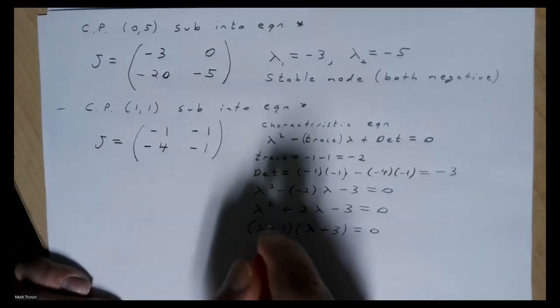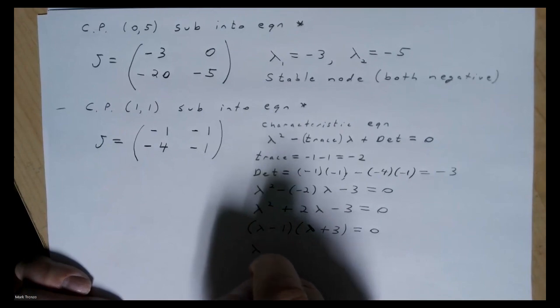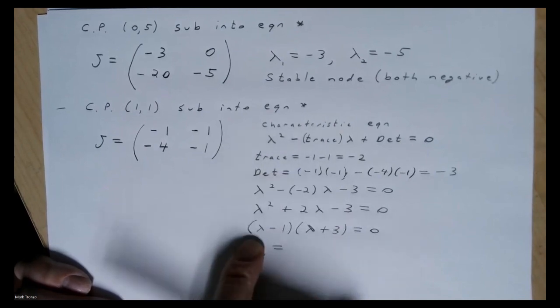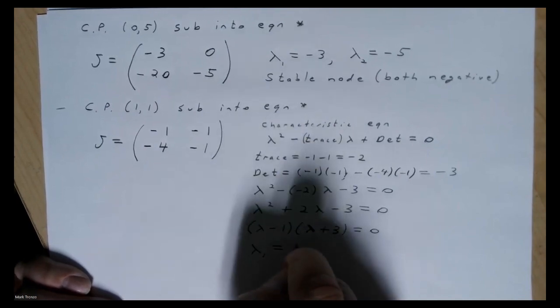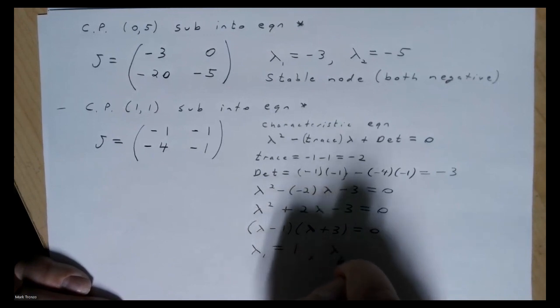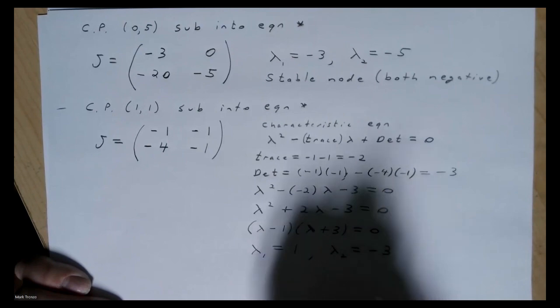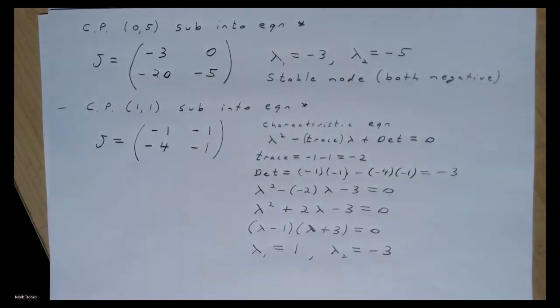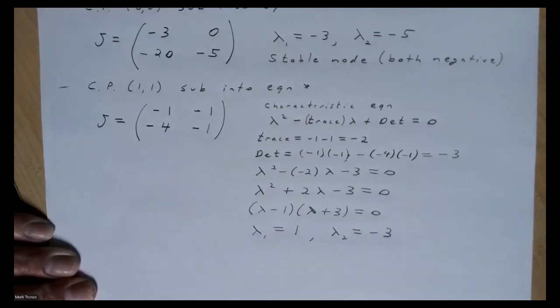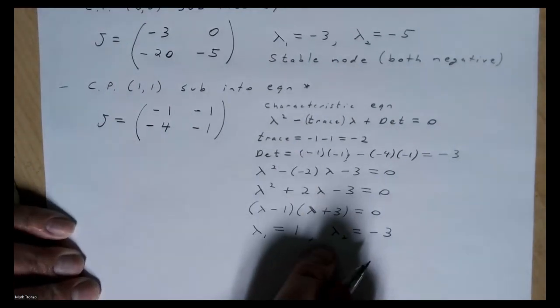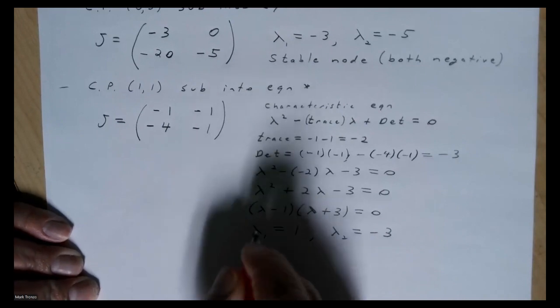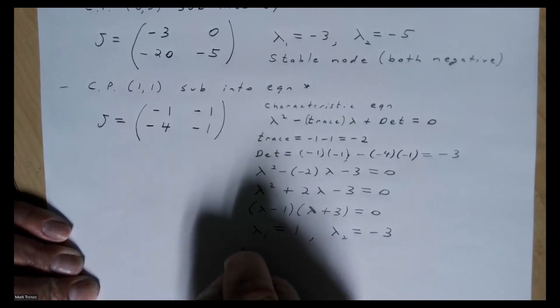So our eigenvalues are what satisfy this. So it's going to be 1 and minus 3, like this. And this is actually going to be unstable because one of them is positive.